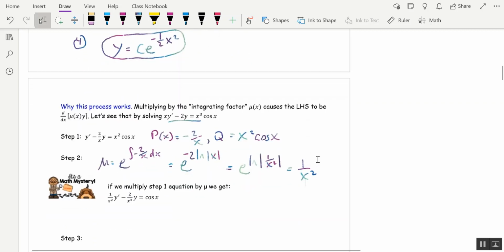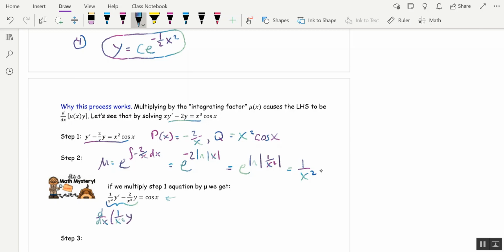Now, let me explain jumping to step 3. So here's the step that you're usually going to skip. It's happening in the background. But what's happening is, if we take this equation here and multiply by 1 over x squared, we get this equation here. Now this is rigged, this integrating factor is rigged so that this left-hand side is d by dx of 1 over x squared y, mu times y.